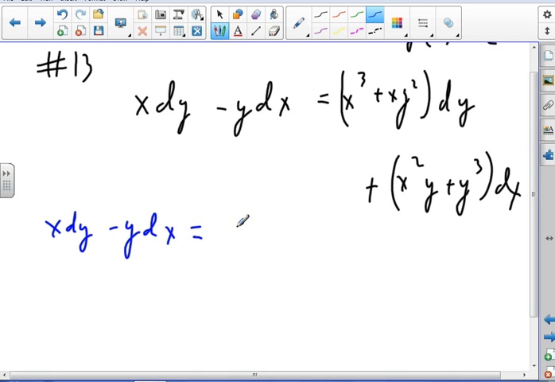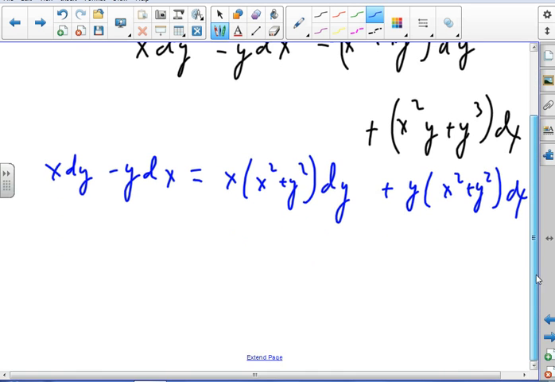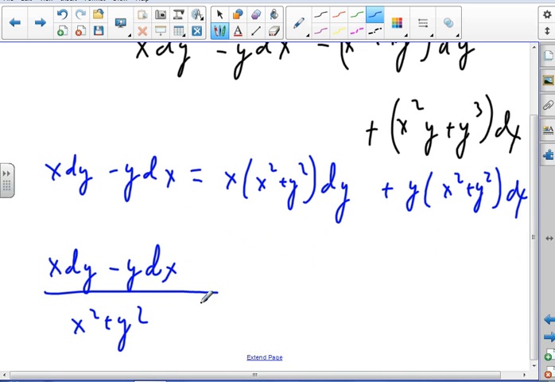Is equal to, we'll bring out an x squared plus y squared dy plus y, x squared plus y squared dx. And I'm going to rewrite that as x dy minus y dx divided by x squared plus y squared is equal to x dy plus y dx.